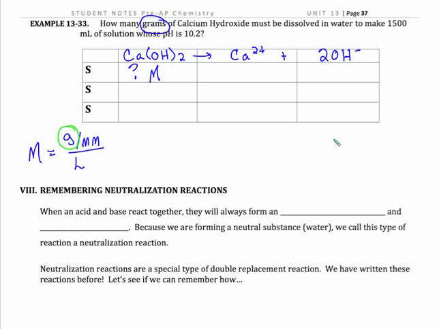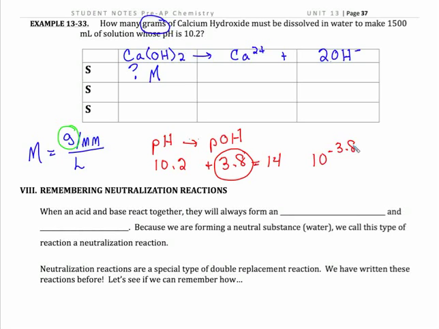Very realistic example. So my first step is to go from pH to POH. So if my pH is 10.2, my POH is 3.8, because that sum has to equal 14. Okay.